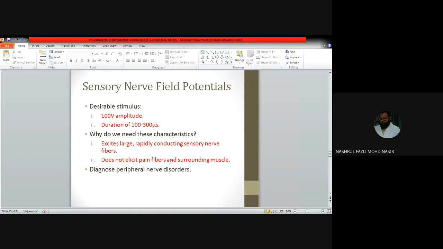This is the reason. And then we can diagnose the peripheral, which is your nerve, your leg, your arm, and so on. Peripheral means tepi, the edge.